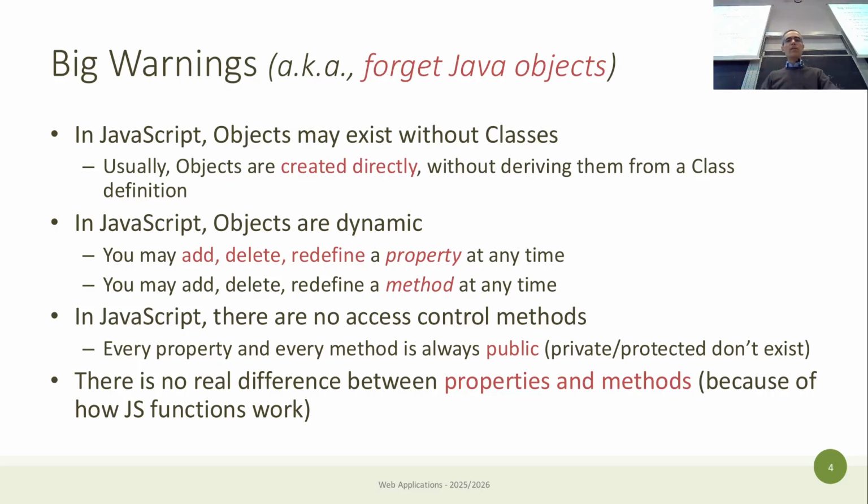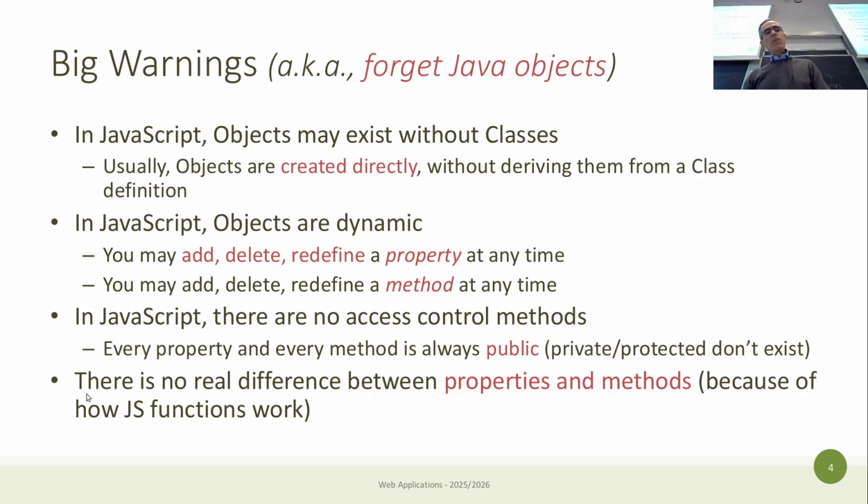So you may add, delete, redefine, and so on, okay? There are no access control methods, so everything is public. You remember maybe in some object-oriented programming you can define some properties private so that nobody outside the object can touch them. JavaScript is not like this. Everything is public, okay? You can emulate this again, but we are not going to cover it unless it's really needed for our purposes.